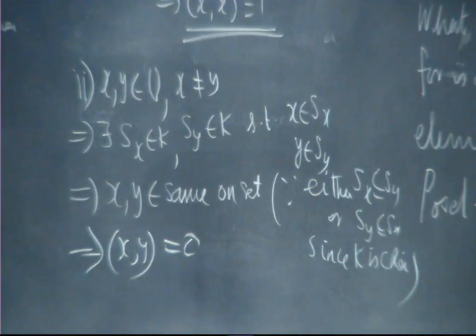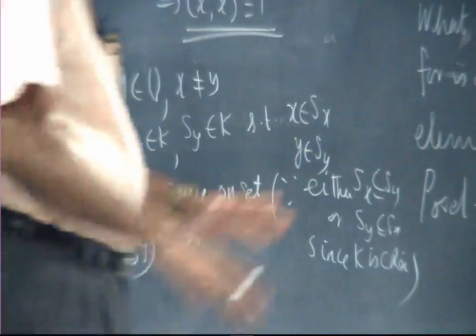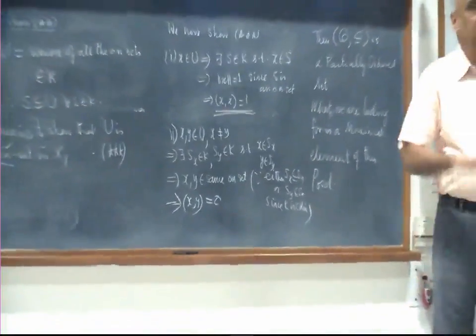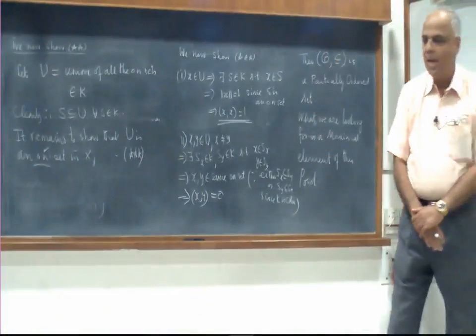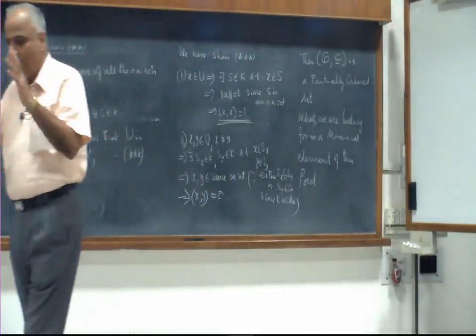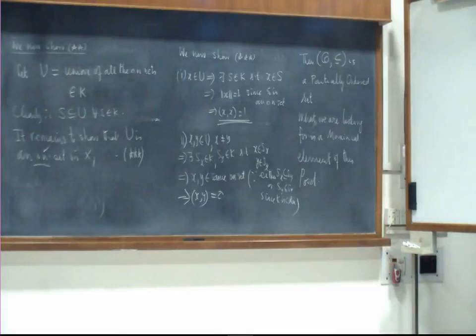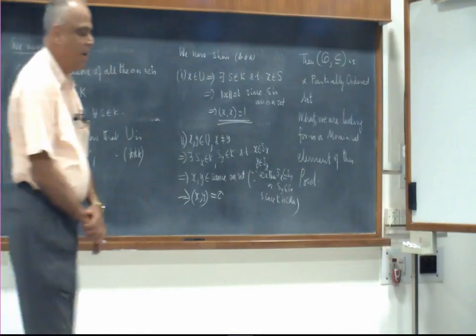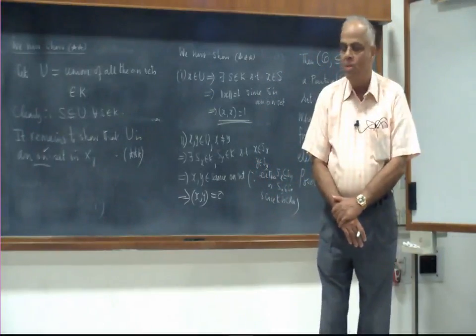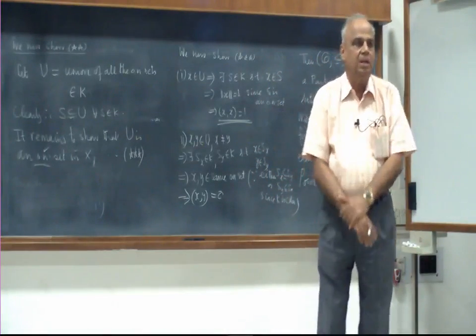Slowly we brought it to that stage. So, what we did was, first we showed that there are orthonormal sets, then we took all the orthonormal sets and made it a partially ordered set. In that partially ordered set we look for a maximal element, and to look for a maximal element, we use Zorn's lemma. To apply Zorn's lemma, you need to show that every chain has an upper bound.